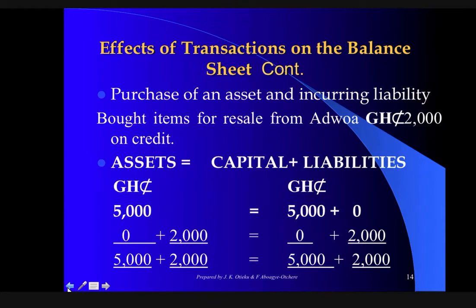Then when we go to the other side, we'll see that it will now be what? 5,000 plus 5,000 profit. So now our capital will be how much? 10,000, plus our liability of 2,000. So now it would be 12,000 is equal to 12,000.